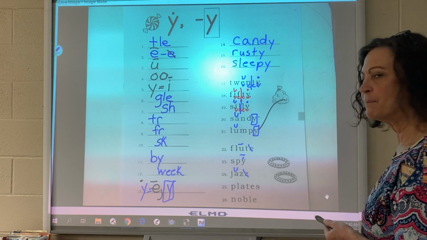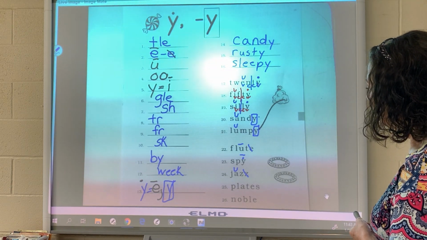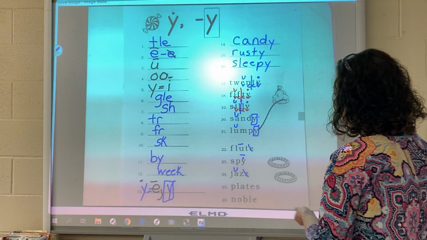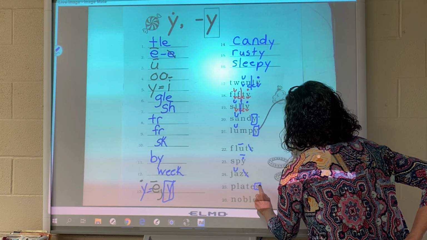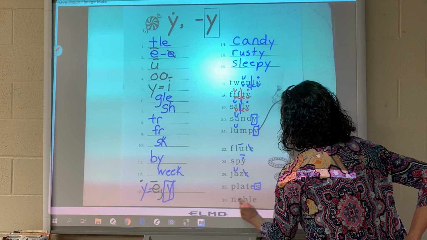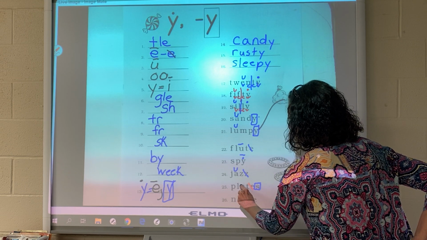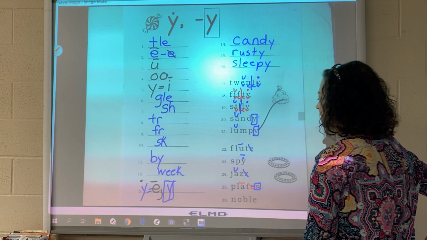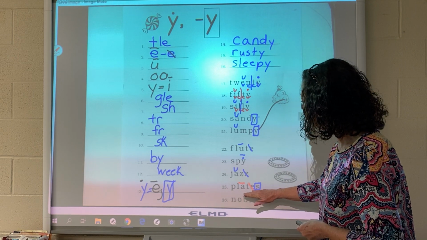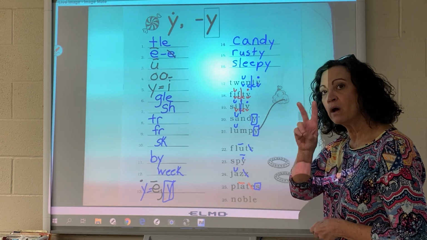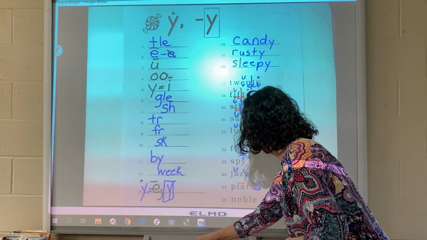Jazz, that's a type of music. And then I have an S, that is a suffix. And I also have the sneaky E, which turns the A into saying its long name, and that is plates, more than one. In this case, it is two plates.